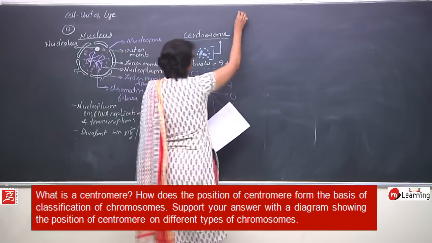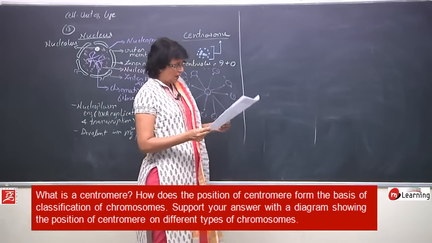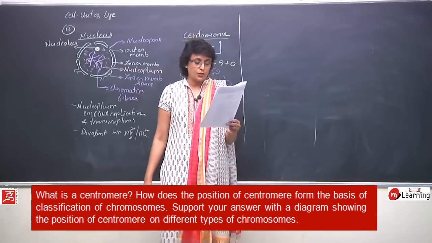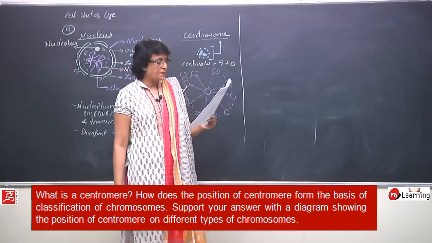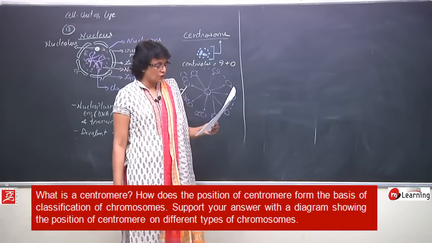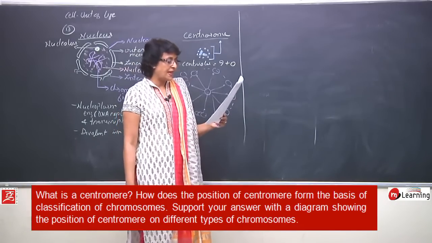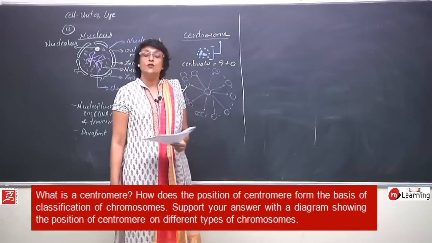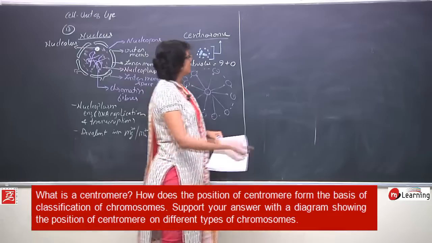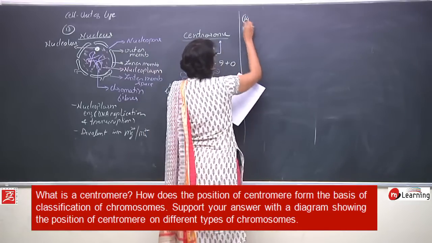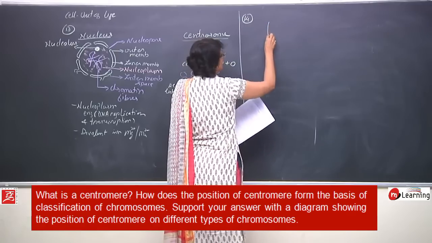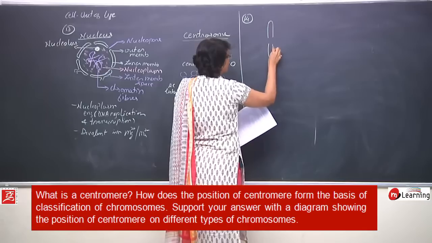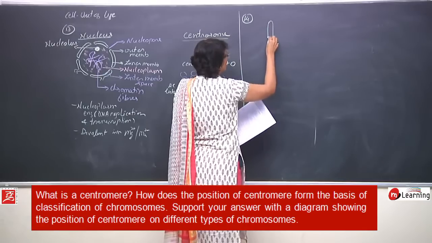The 14th question, the last question on this, is: what is centromere? How does the position of centromere form the basis of classification of chromosomes? Support your answer with a diagram showing the position of centromere on different types of chromosomes. Centromeres are the primary constrictions. When we make the structure of a chromosome, we make the chromatids, and they show a constriction in the middle.